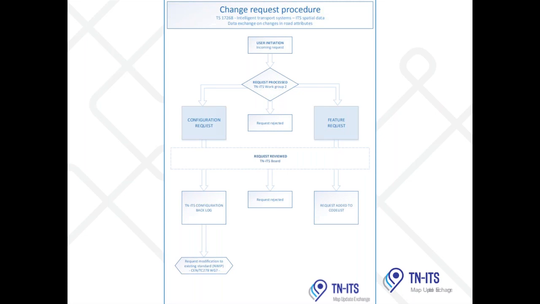Yeah, I see it. That's a very good question too. How are you going to manage changes? Yeah, I don't know. Maybe Martin can answer about the frequency of updates of the code lists.